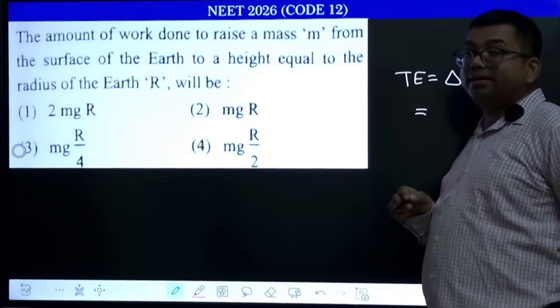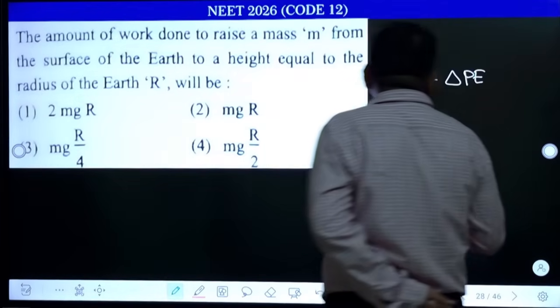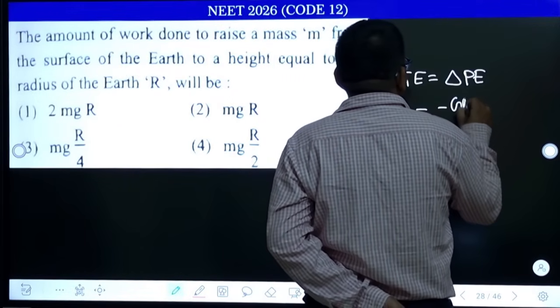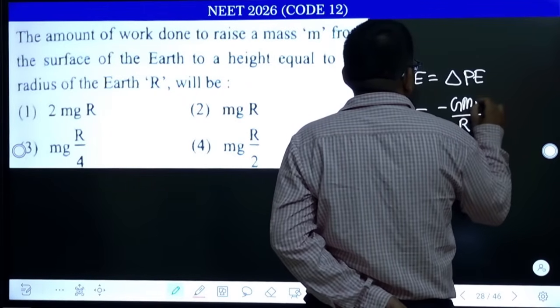But remember, the kinetic energy change you have to use properly. So final potential energy is minus GMm by 2R, right?